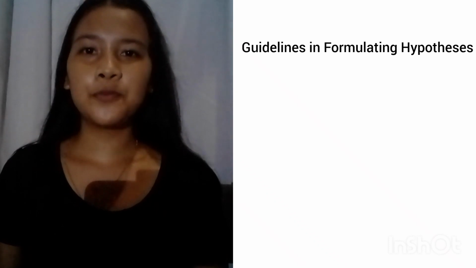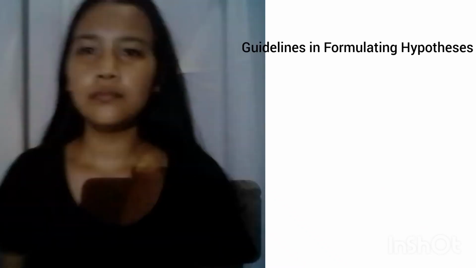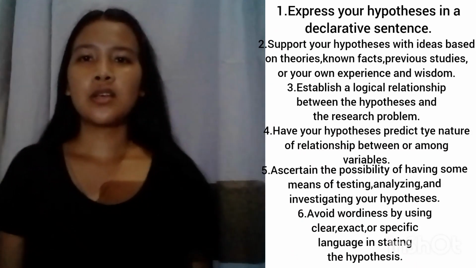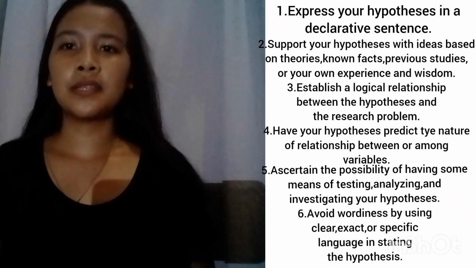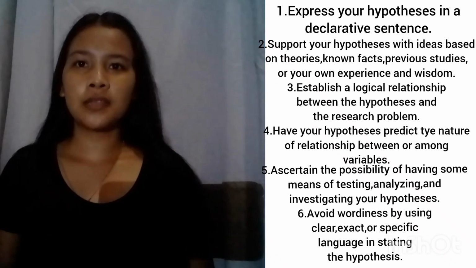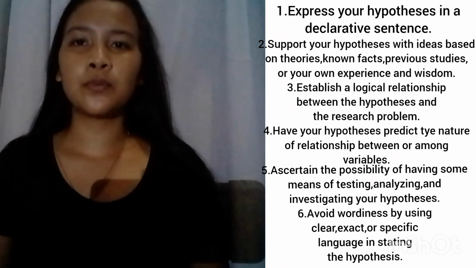So let's move on to the guidelines in formulating hypothesis. The craft in hypothesis formulation requires you to think of the following pointers. First, express your hypothesis in a declarative sentence. Second, support your hypothesis with ideas based on theories, known facts, previous studies, or your own experience and wisdom.